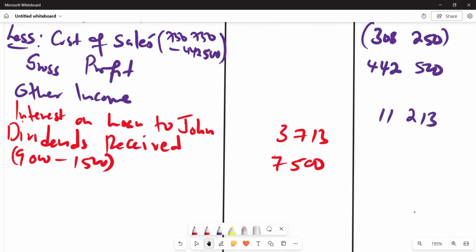So this is what we have in terms of total for other income.